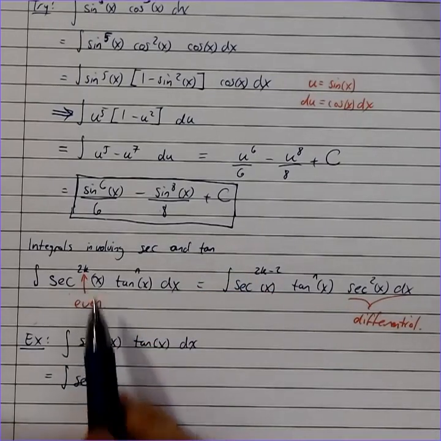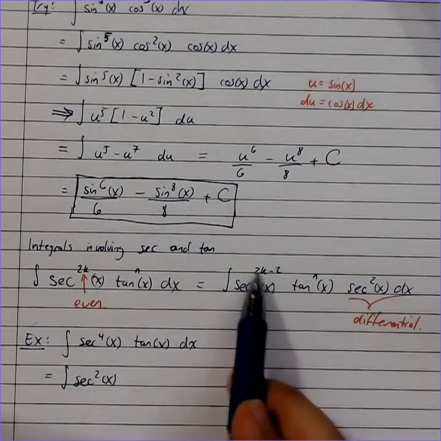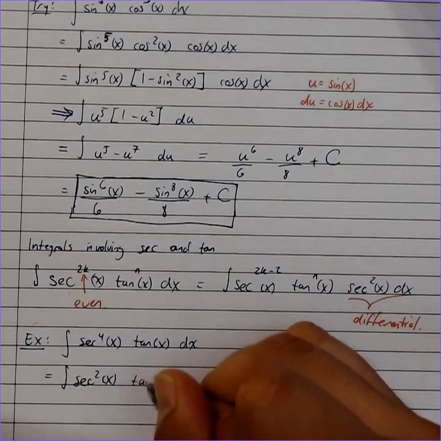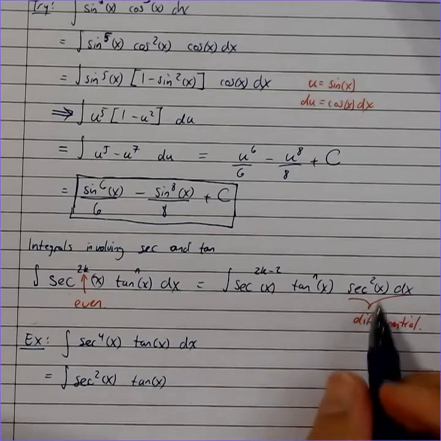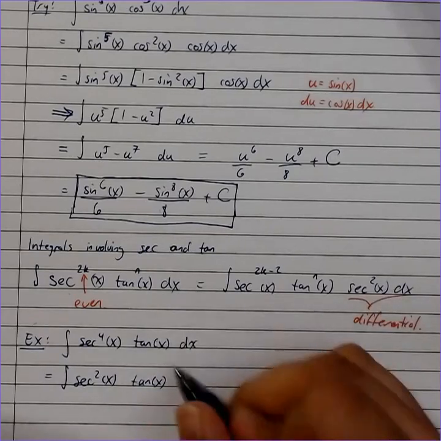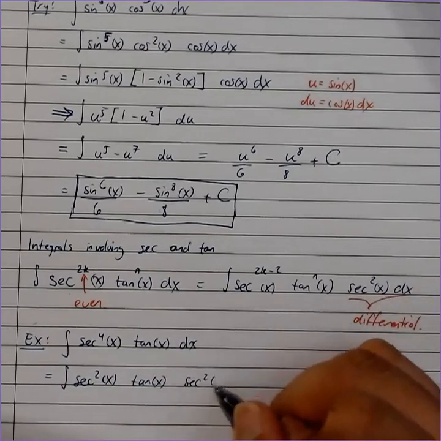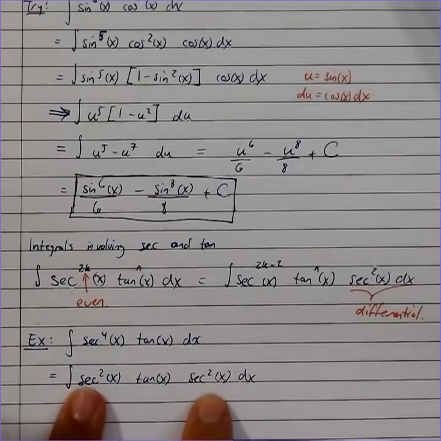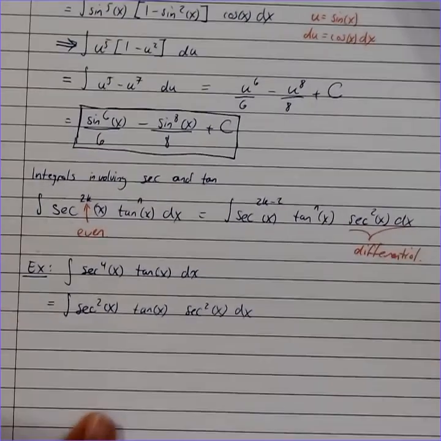We're going to take off 2 from the power. So 4 minus 2 is 2. Tangent of x. And now here, secant squared of x dx will be our differential. Notice nothing's really changed. Put those together. That would be secant to the fourth of x, tangent of x dx.